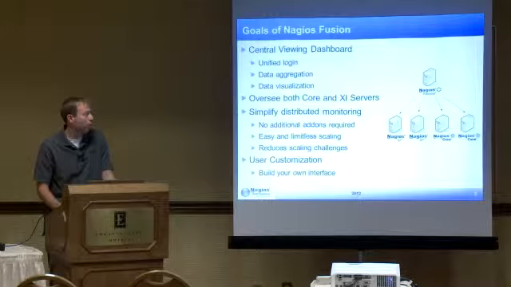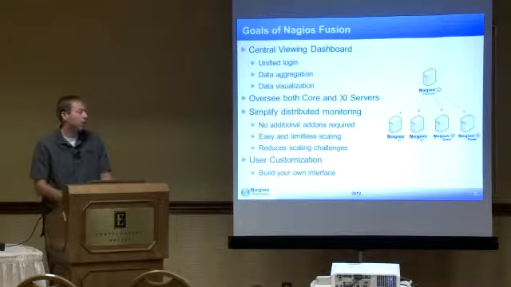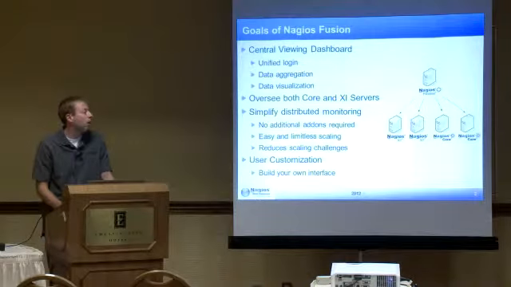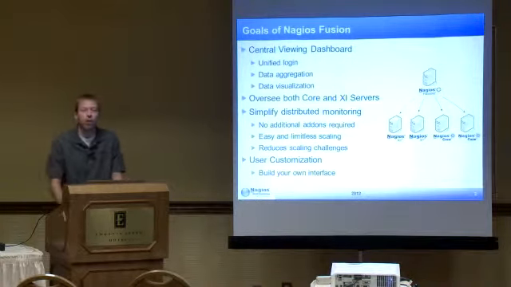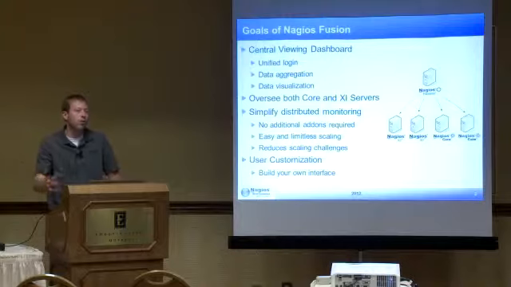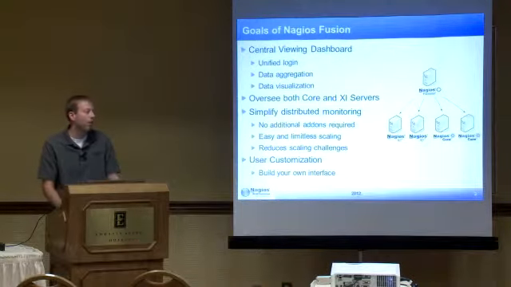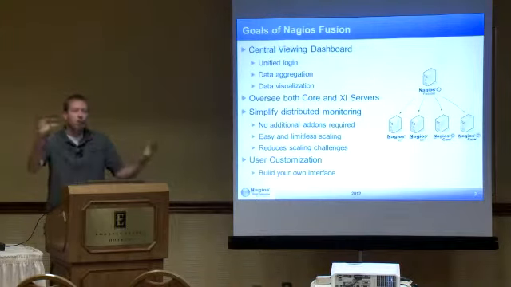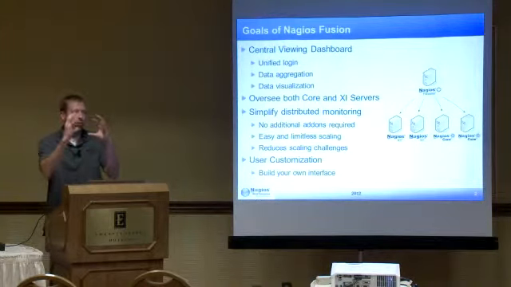This tries to present a very simple, straightforward solution, and tries to ease the learning curve a little bit. It's a little different from, say, distributing your checks using DNX or ModGearman or some of the other models out there. It's basically a central viewing model. You've got many servers, and you just view aggregations in one place.